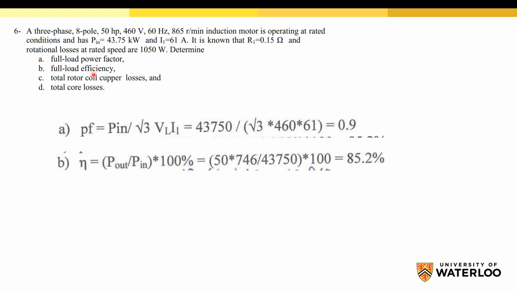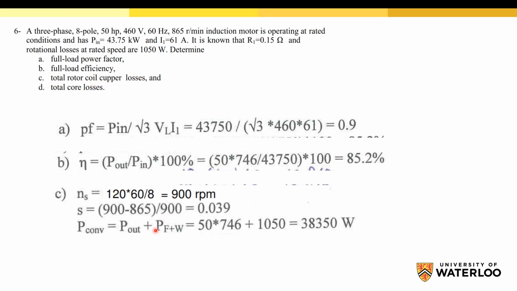Now we need to calculate the rotor copper losses. In order to calculate the rotor copper loss, we need to calculate the converted power and the air gap power. In order to calculate the converted power, we have the output power and we have the losses, so we can calculate this part.